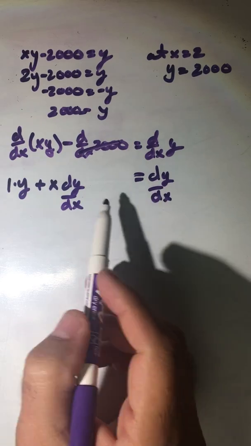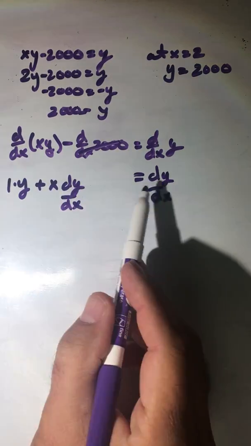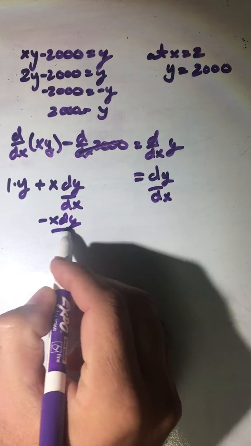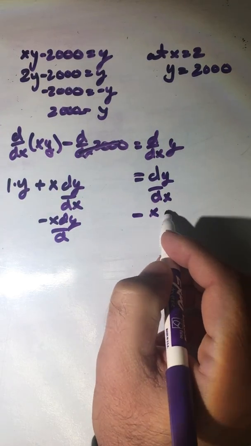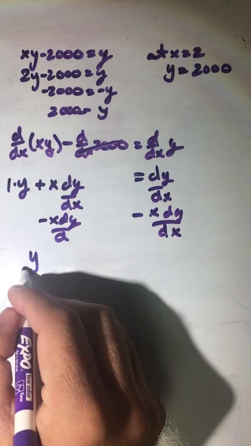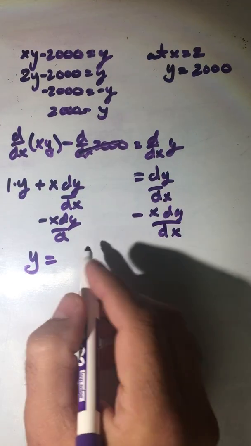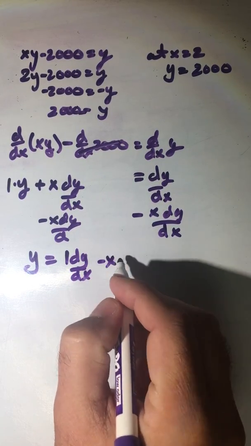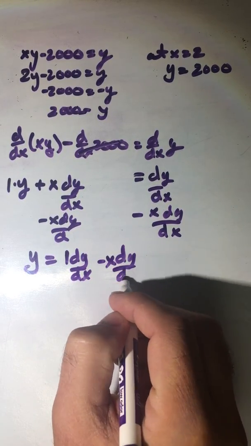Okay, so now we're going to group up our terms that have dy dx, so I'm going to subtract x dy dx. On this side I get y equals, and on this side I get 1 dy dx minus x dy dx.